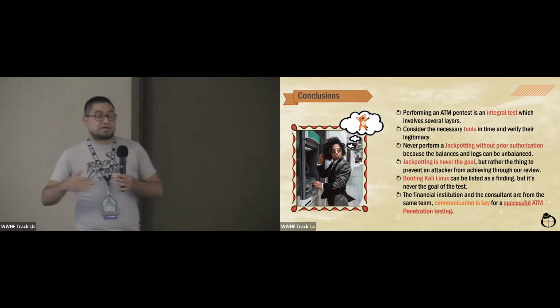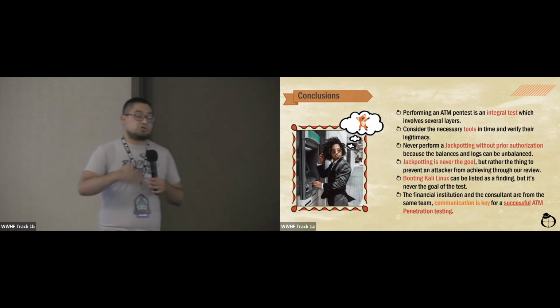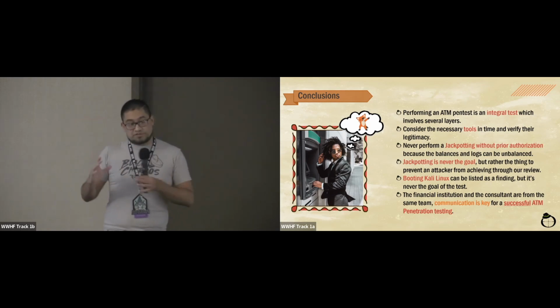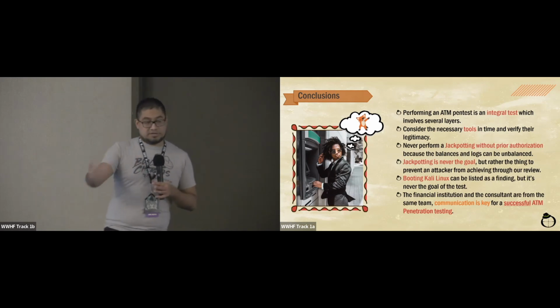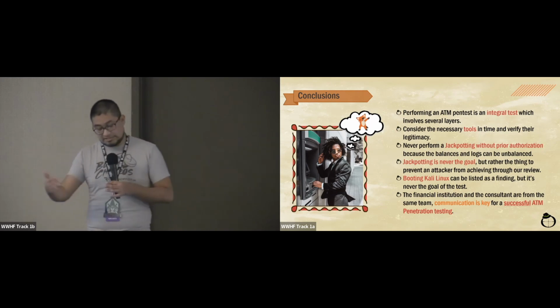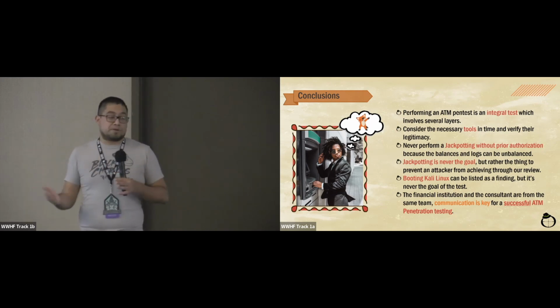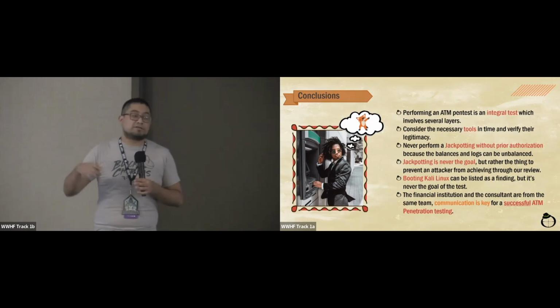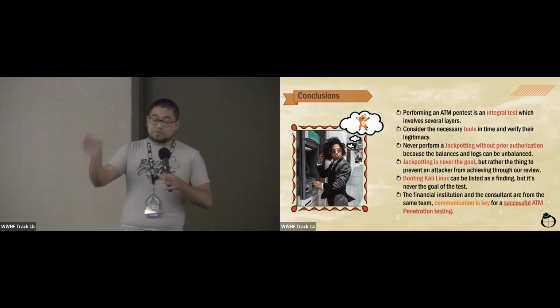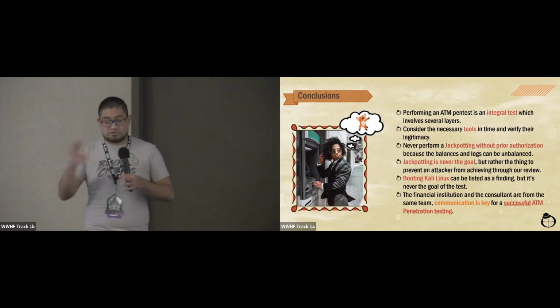So sometimes what happens is that when I'm doing a penetration test with really good physical security, and I can't open it, I don't stop there. I go to the financial institution and I say, hey, I wasn't able to open it because of this and this. I have already assessed the environment, how it's placed, the cables, and all that stuff.